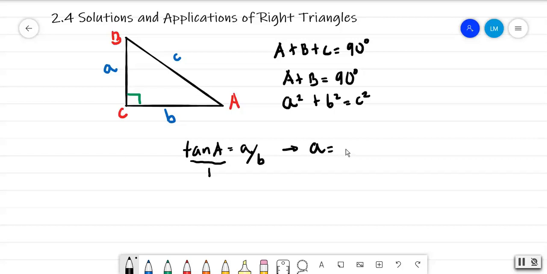So A is equal to B times tangent of A. Okay, so that's an example of how you would utilize the unknown information. Then once you have A, and now that you know B, you can either use the trigonometric functions or you can use the Pythagorean theorem. I'm probably going to go between both, but we'll see.